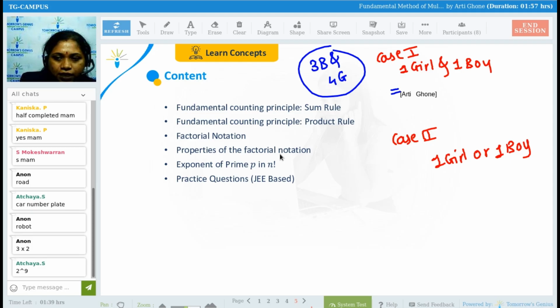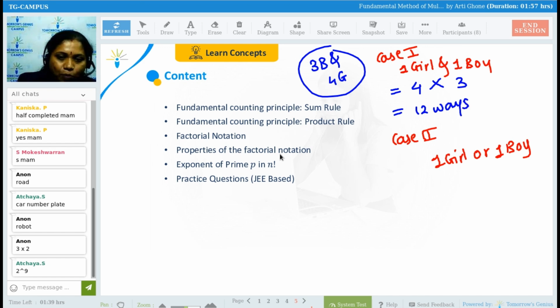Okay, how many chances of selection of a girl are there? Obviously, a girl will be selected from girls only, so we have only 4 chances. What are the chances of selecting a boy? 3 chances are there. And if it is and, I want one girl as well as one boy, so it is multiplication. So 4 threes are 12 possibilities, or 12 ways of selection.